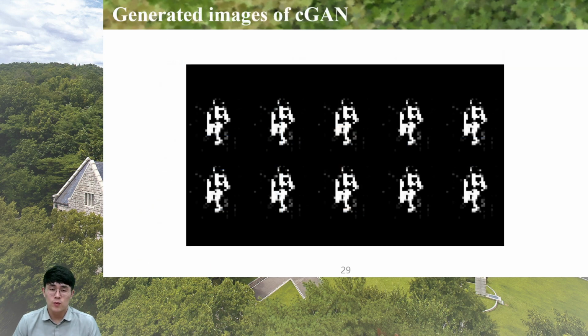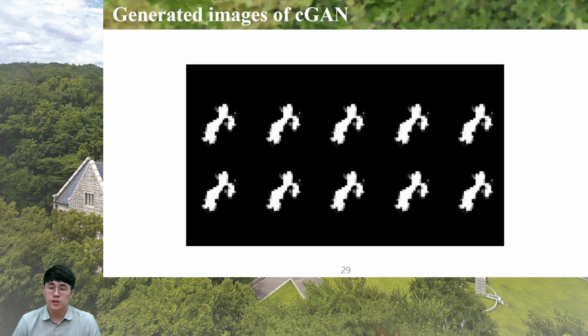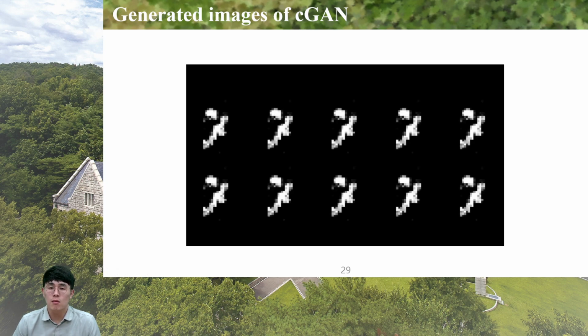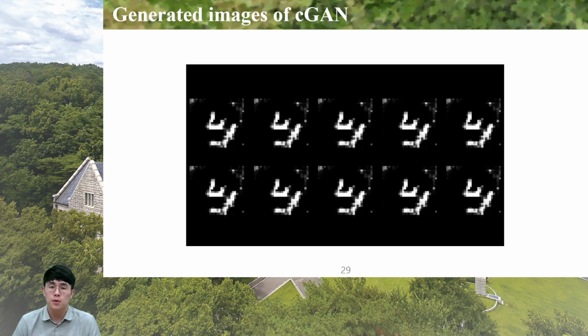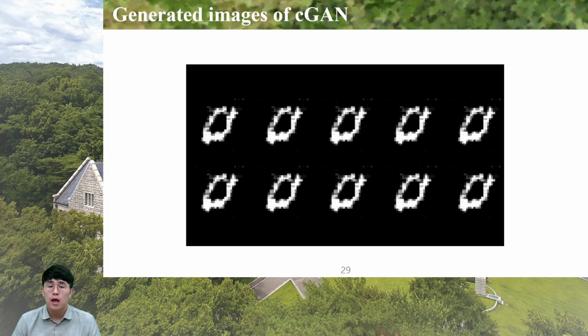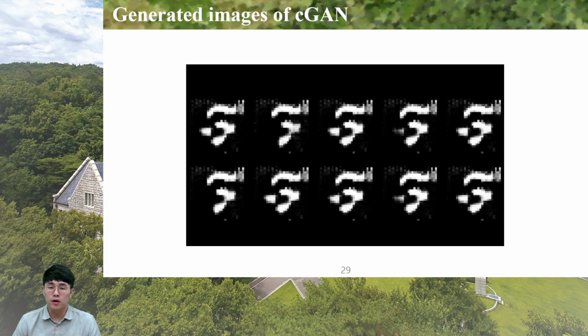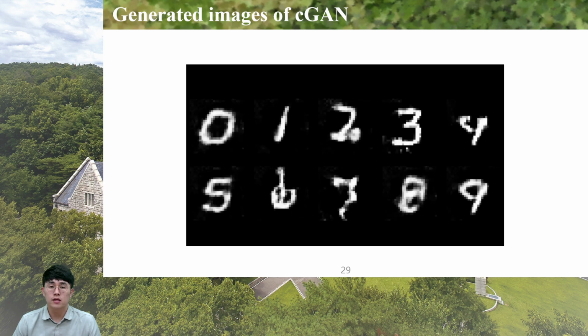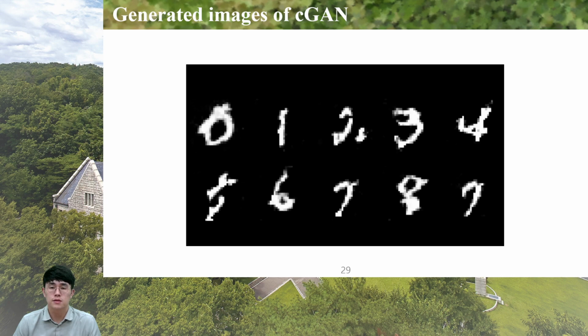So the video below depicts the cGAN training process. I made certain that the number 0 was printed at the top left and the number 9 was printed at the bottom right. As training progresses, it becomes clear that cGAN is training in accordance with the condition.